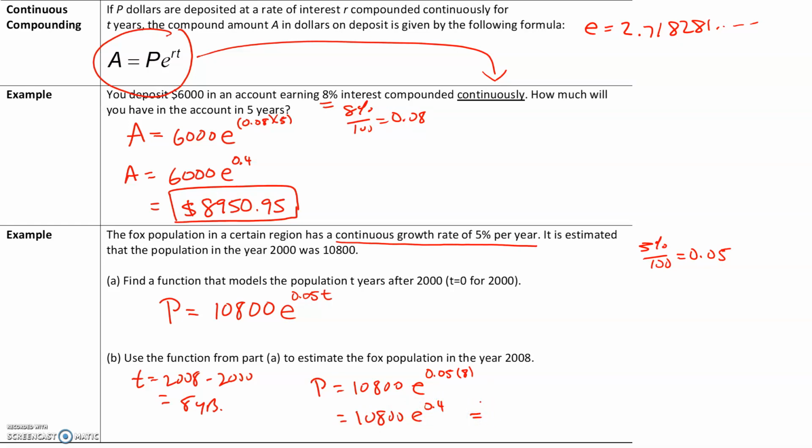If you plug this into a calculator, you're going to get 16,111.70. And of course, we can't have 0.70 of a fox, so we're going to round this up to 16,112 foxes.